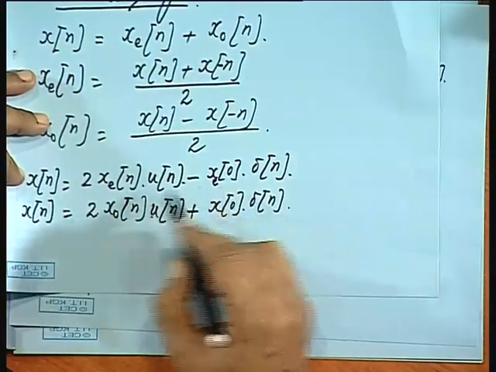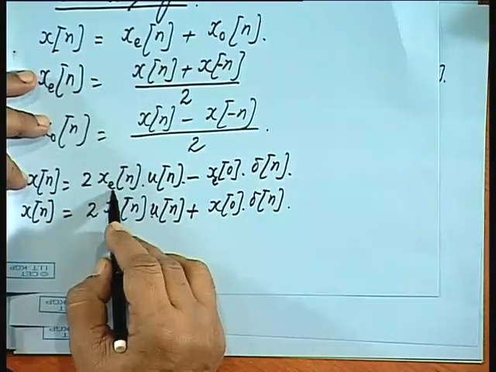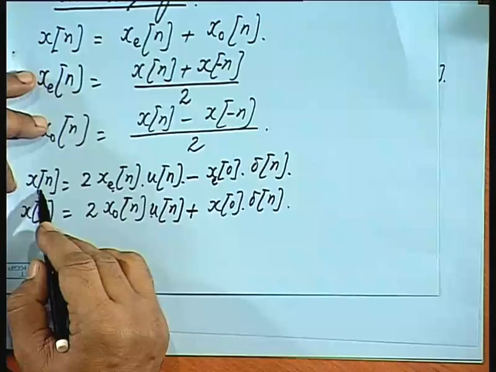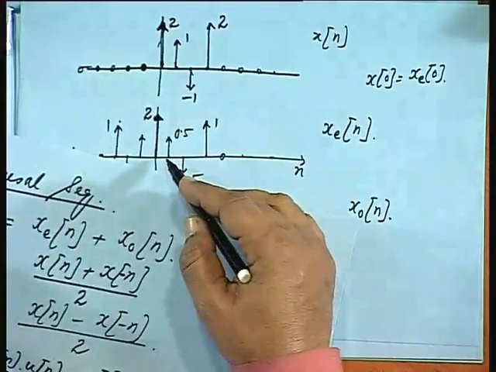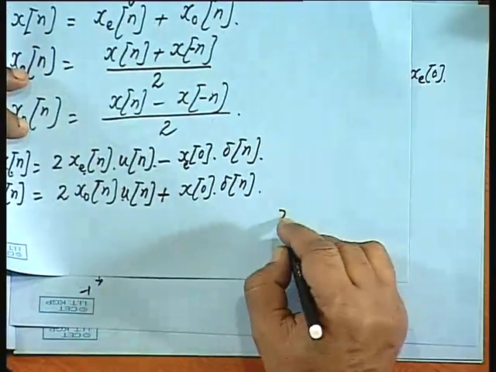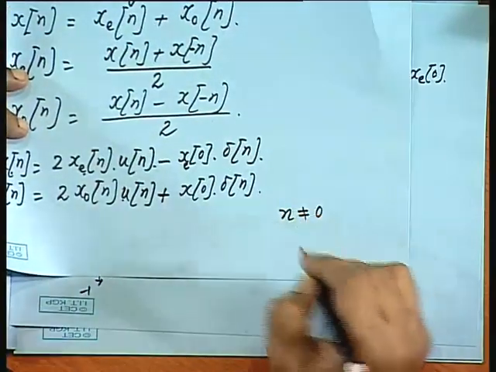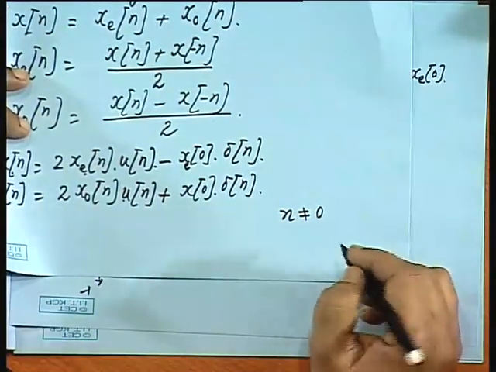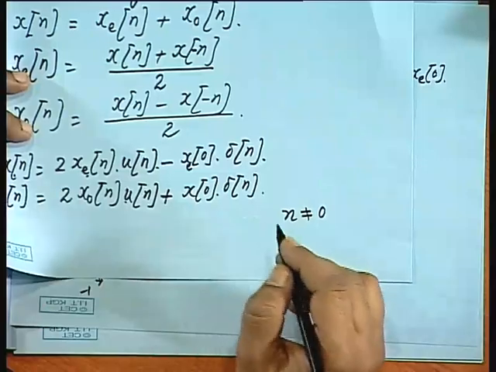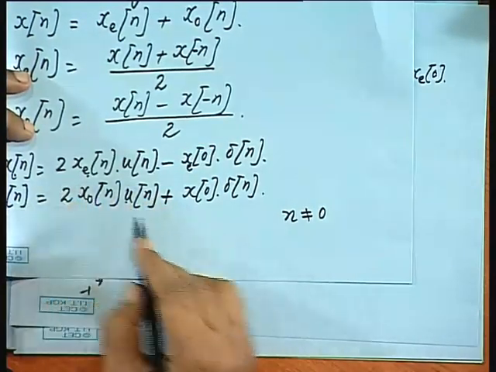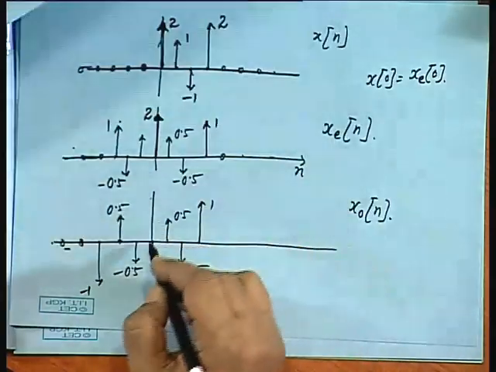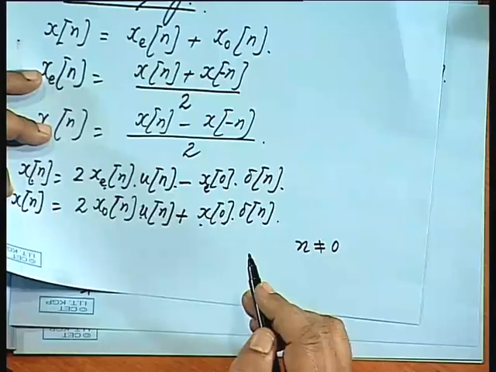So, whereas from the even part I can realize the original function, from the odd part I can realize only the non-zero values, for n not equal to 0, I can realize this. Okay. It will be only this much, but for realizing it completely, that is at the initial value, I must know the initial value of the function.